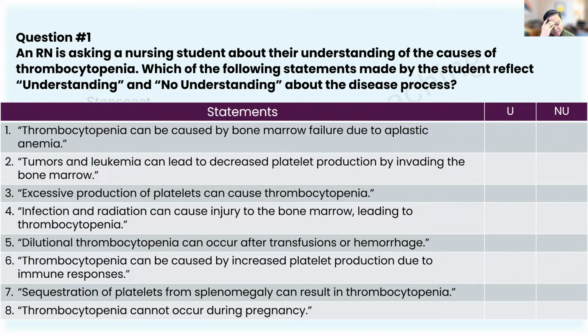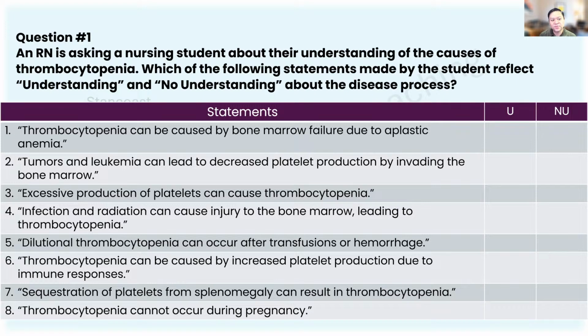Or do you mean that these items are reflecting no understanding about the disease process? All right, we have from Mary: 1 reflects understanding, 2 understanding, 3 no understanding, 4 understanding, 5 no understanding, 6 understanding, 7 same thing, with number 8.